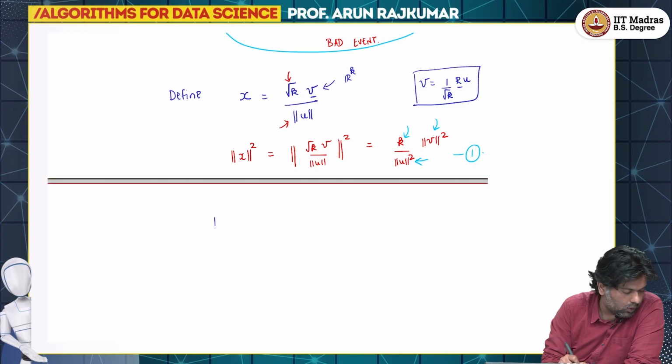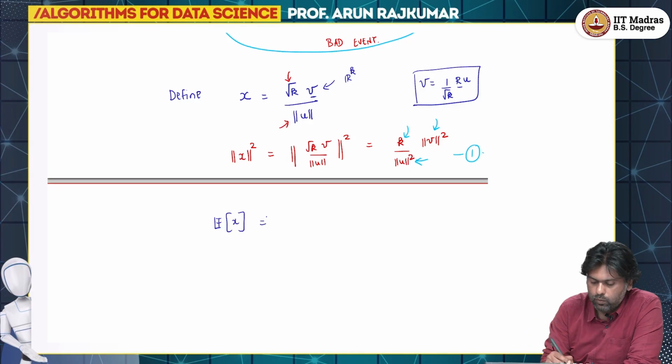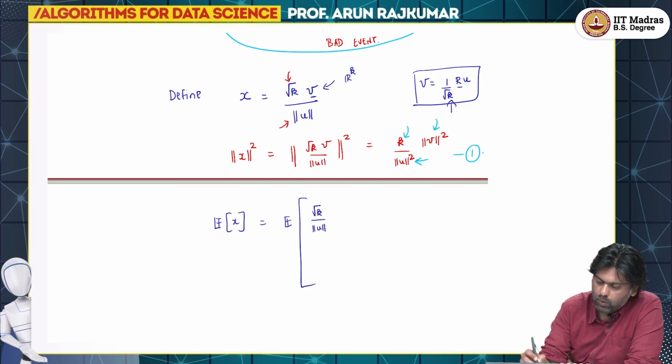Now let us ask what is the expected value of x? Well, what exactly is x, what are the components of x? Every component of v is scaled by square root of k by norm u. What is the first component of v itself? Well, v is 1 by square root k R u, which is 1 by square root k r1 transpose u, dot dot dot, 1 by square root k rk transpose u.